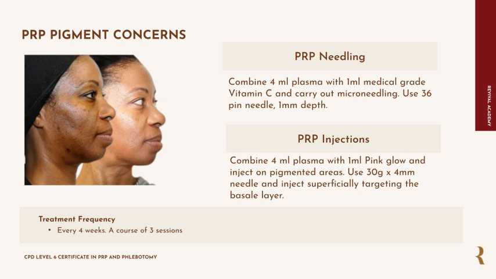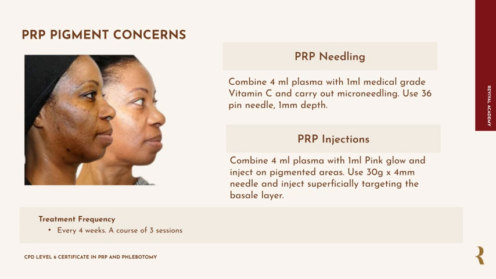And then when it comes to the injections, you combine 4 ml plasma with 1 ml Pink Glow, as Pink Glow contains glutathione, vitamin C, hyaluronic acid, minerals, and amino acids. So it's a really great cocktail of skin feeding nutrients that you can combine together with the plasma. And Pink Glow is really, really brightening.